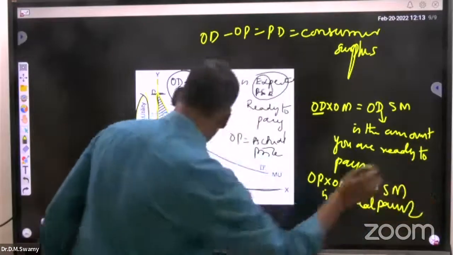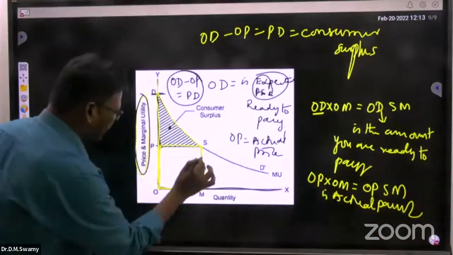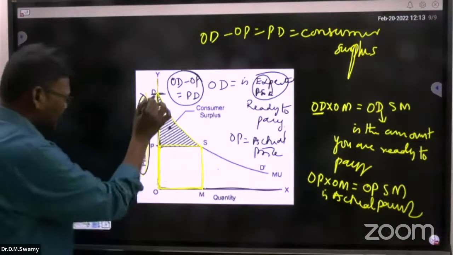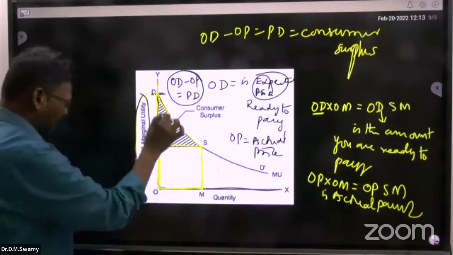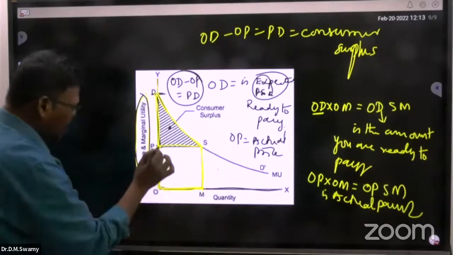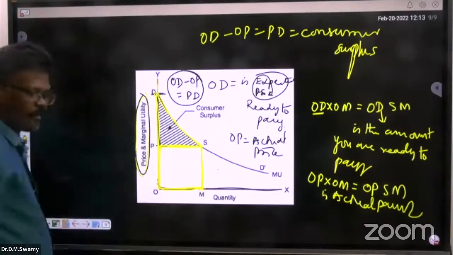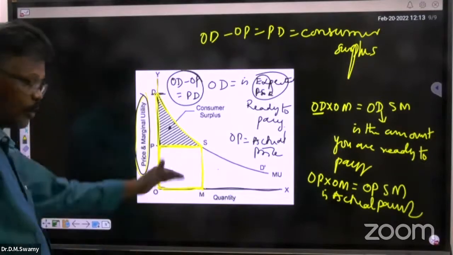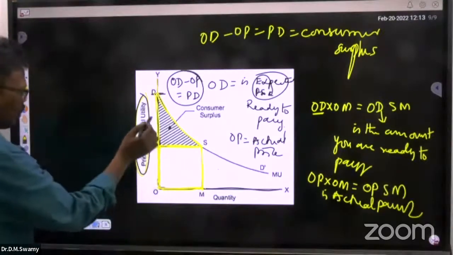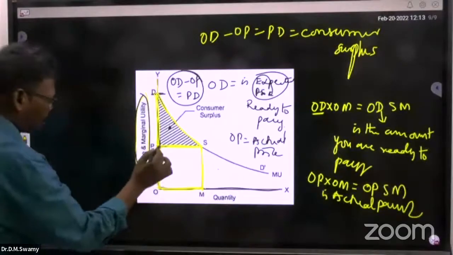This is the actual payment, but this is the amount you are ready to pay. If you subtract this from that, the remaining part is called consumer surplus.